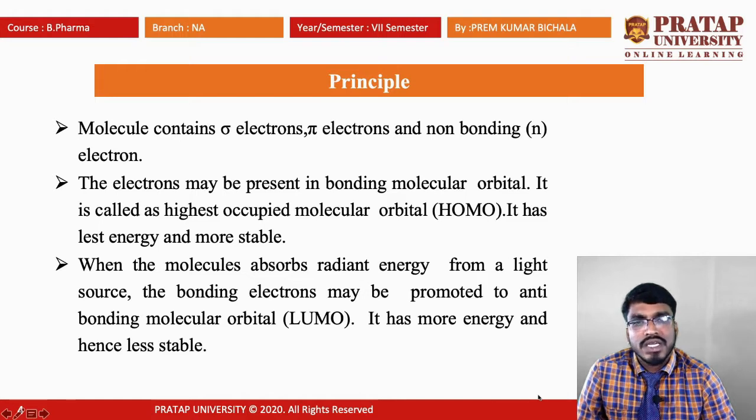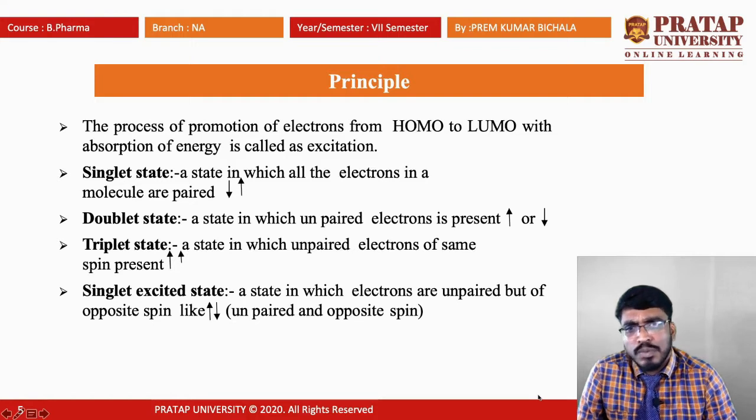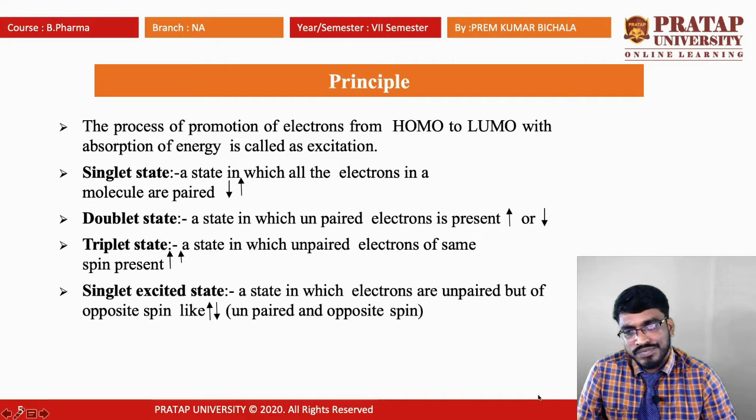Simply, we can say HOMO is the ground state and LUMO is the excited state. The process of promotion of electrons from HOMO to LUMO, that is ground state to excited state, with absorption of energy is called excitation.